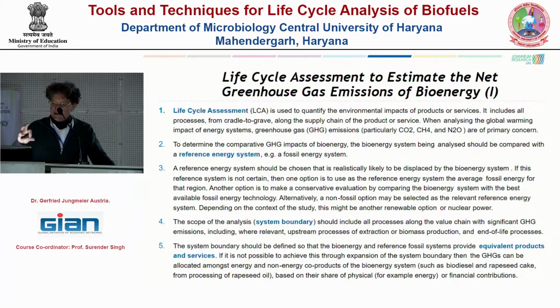It's especially here the definition of the reference system when you consider a bioenergy system. So this is really the most challenging area to define an adequate reference system, which is on one hand fossil energy, but still covering the land use, the reference use of the residues, and the reference production of any co-products.